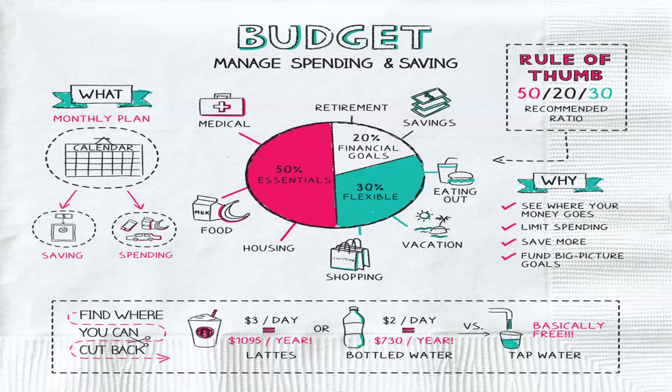If you look at the pie chart, you will see that it's being divided, breaking down the 100%, where we have 50% for essentials, 20% for financial goals, and 30% flexible.